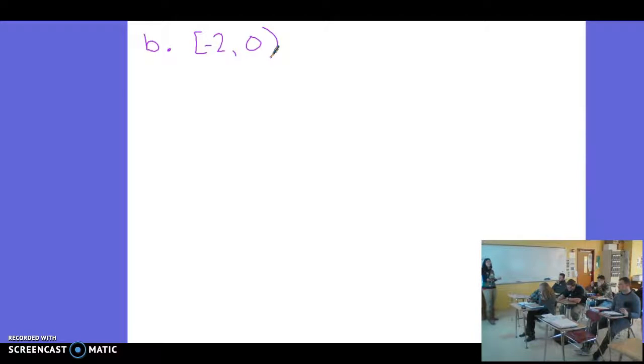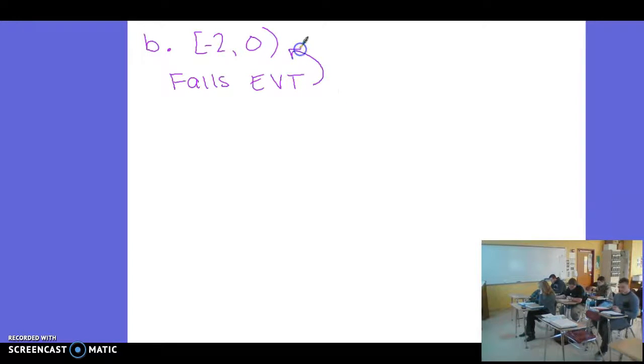If I have an open/closed interval, it doesn't apply? Exactly, so this fails the extreme value theorem because it has an open interval, and the extreme value theorem says it has to be a closed interval. So we can't even apply the extreme value theorem because of the open interval on the 0.